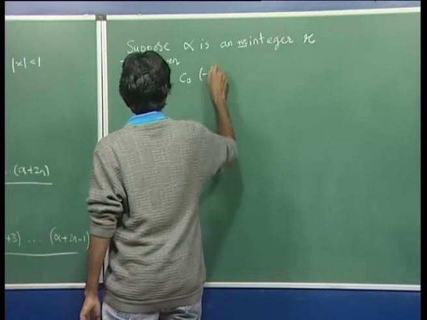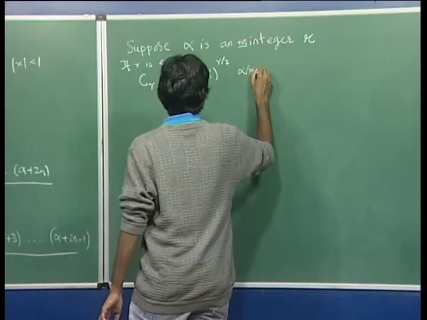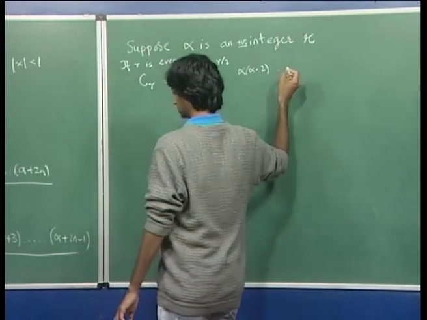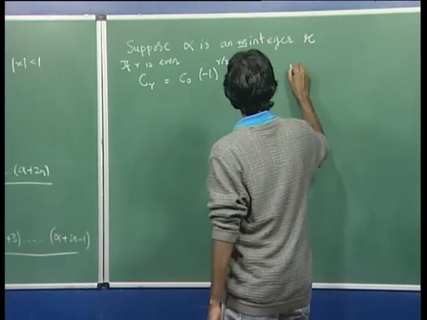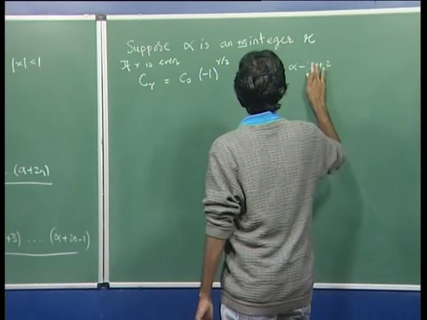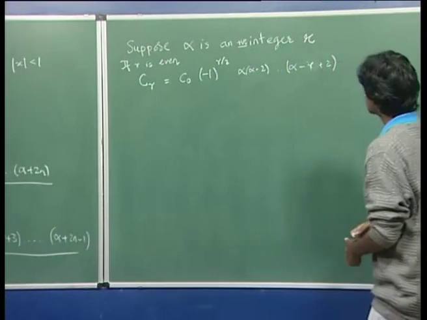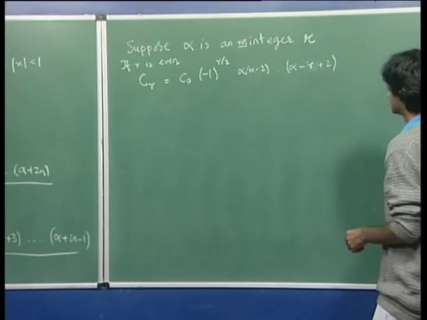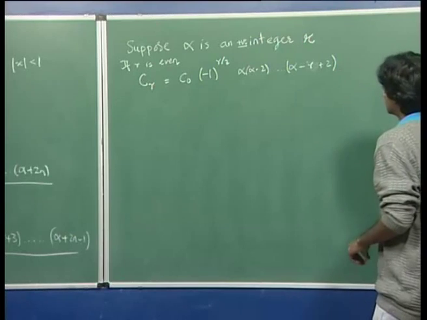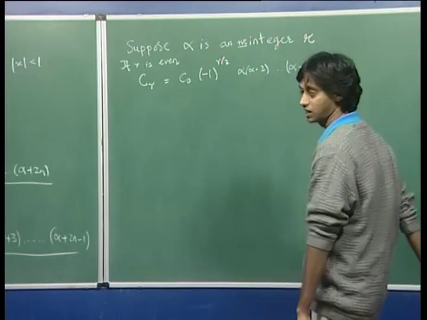C0 r by 2, all the way up to alpha minus 2n plus 2 or r plus 2. And what we have said is that alpha is equal to r.